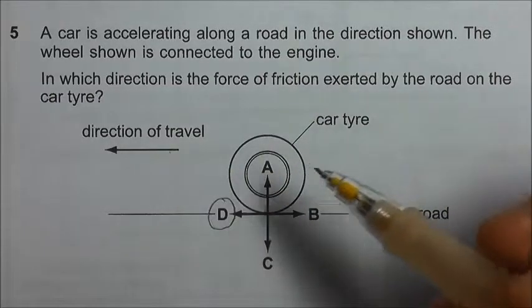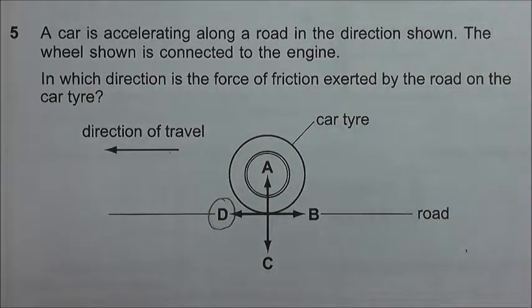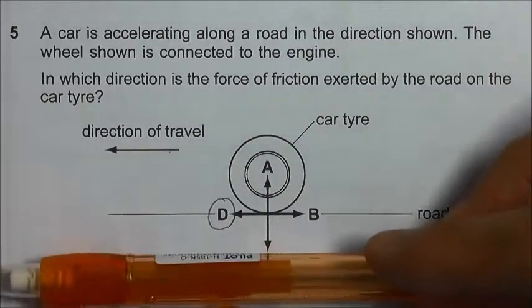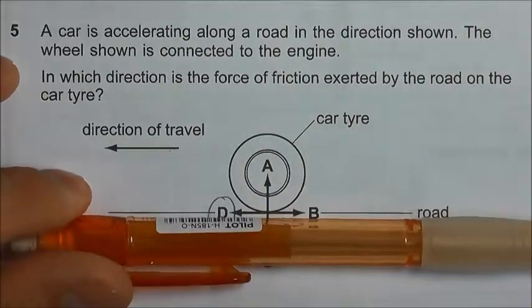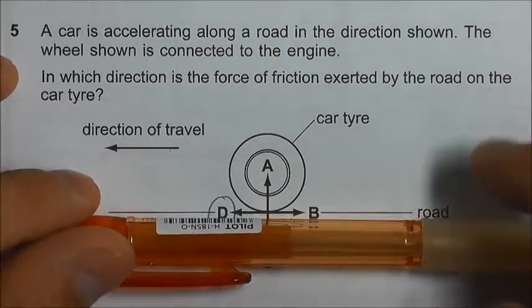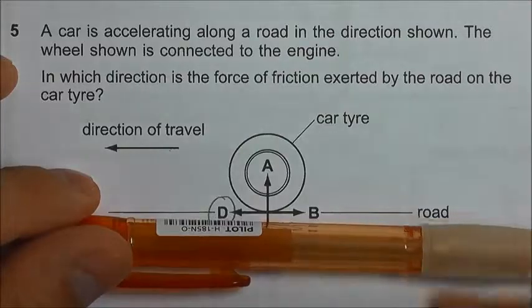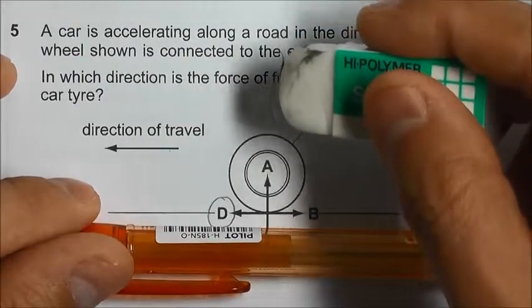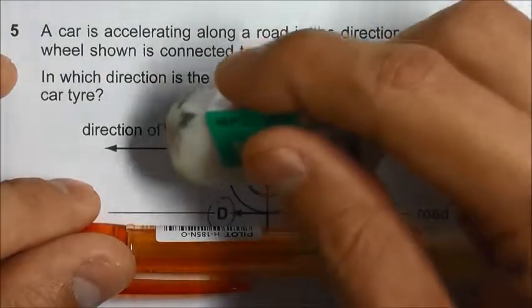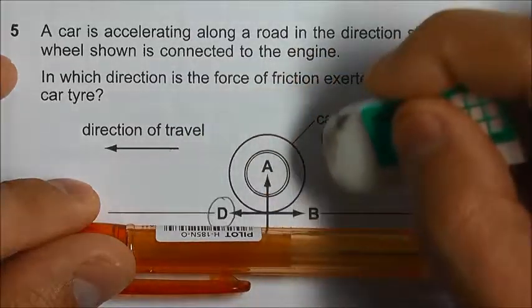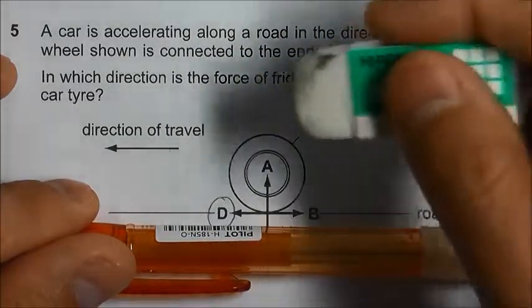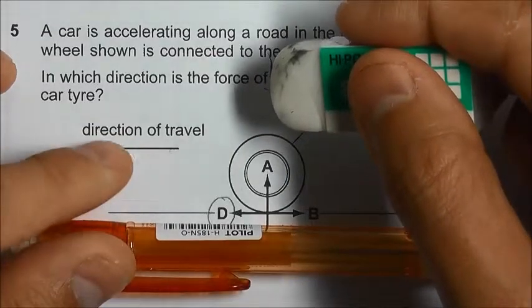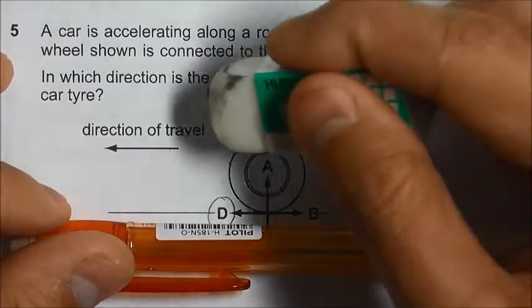Now let's do a simple demonstration to see why it is so. Imagine my pencil forms the ground, then I have an eraser here. This eraser will represent the tire. It's going to go round and round, and it's going to rub against the ground. As it travels this way, the tire should rotate this way.